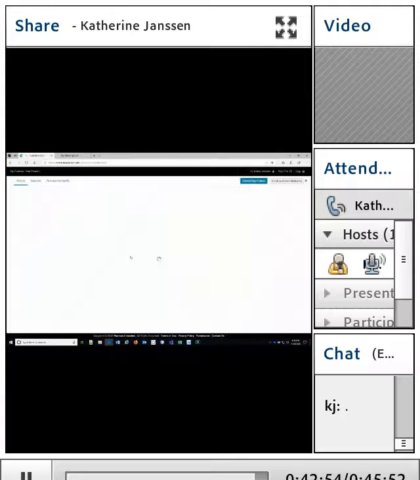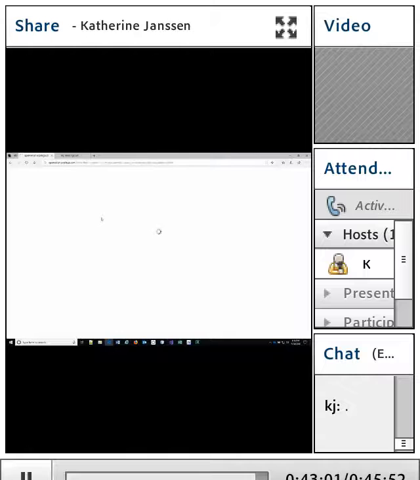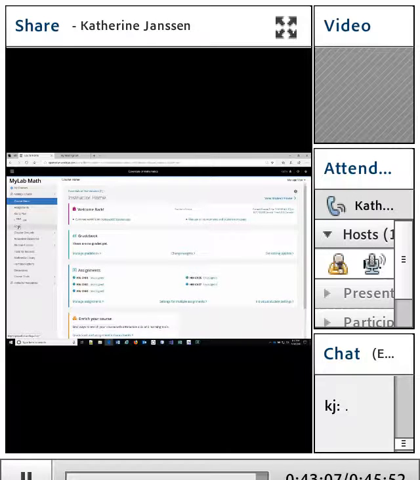So starting up MyMathLab, with your e-text from the left-hand navigational menu.